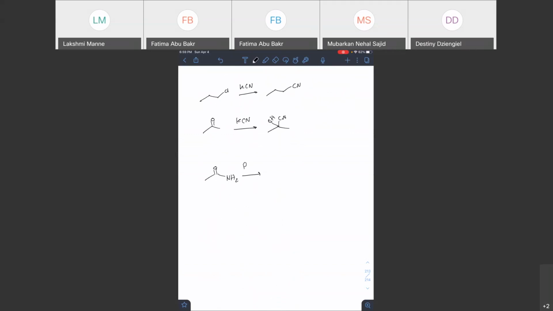But if you react it with P4O10, so this is what someone was mentioning earlier from the questions that you guys had, this is just a way of turning an NH2 into a CN. So this is just stuff that you guys have to memorize. I would recommend writing down a long list of all this stuff and then just keep looking over it and remembering what each thing does.